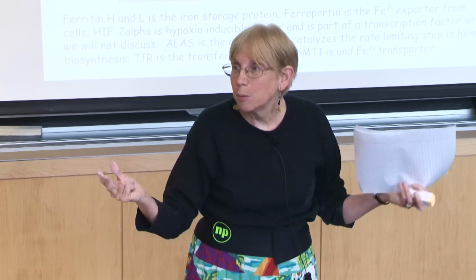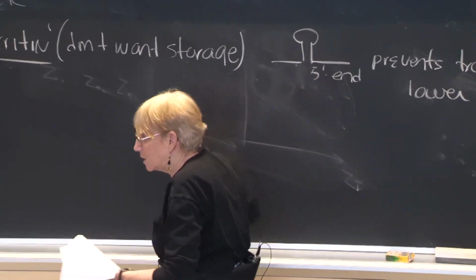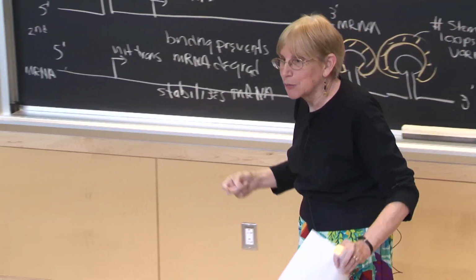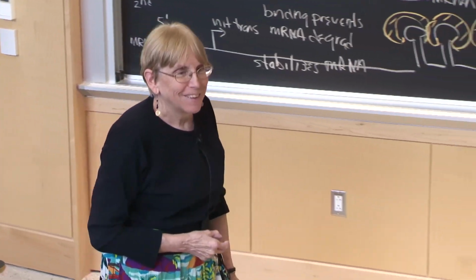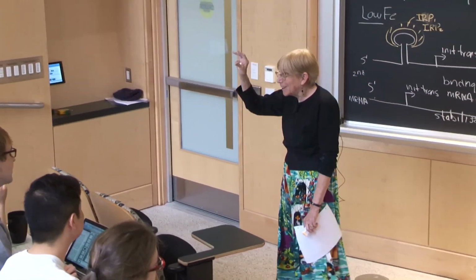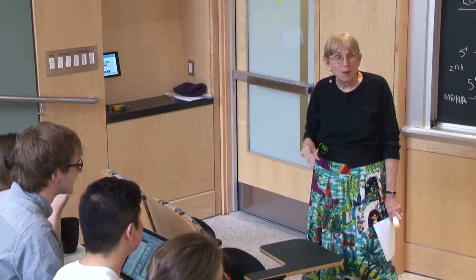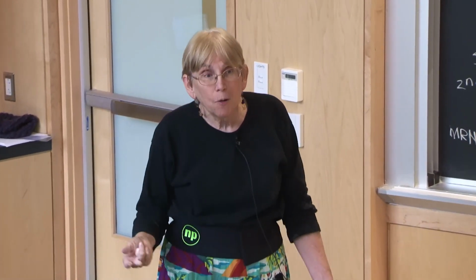And so an example of how this can be tuned, if you look at an iron-responsive element binding protein, is succinate dehydrogenase. Anybody ever heard of succinate dehydrogenase? And where have you heard of it? You have heard of it, you just probably don't remember it. Yeah, so it's in the TCA cycle. So it converts succinate, which is a hydrocarbon, into an olefin, an alpha-beta into fumarate, okay? So that, remember the TCA cycle, you can tune it down or you can tune it up, okay?